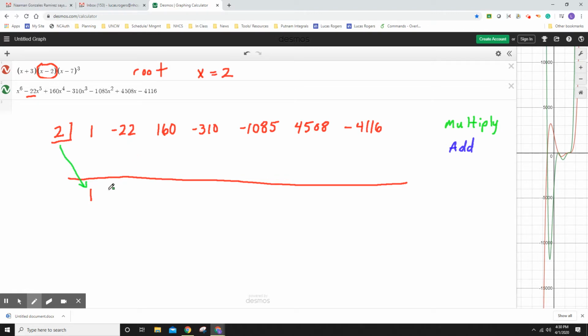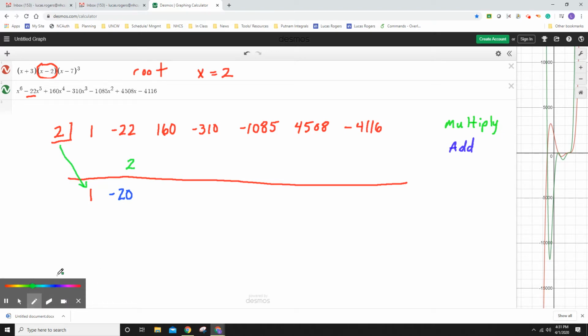And what we're going to do is take that 2 and write it here. So we multiplied to get this. And then we're going to add straight down negative 22 plus 2 to get negative 20. So we added to get that. So we're multiplying to get green and then adding to get blue.